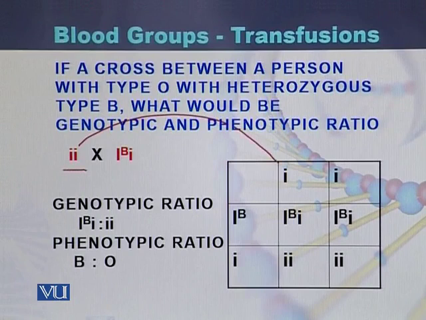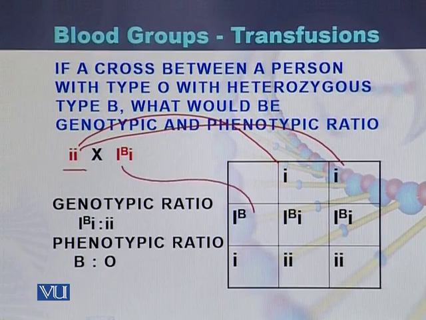So the first allele will be i and the second allele will be i. And the second individual, who is heterozygous for blood group B, will have genotype IB and i. So as a cross, these different genotypes will be produced.